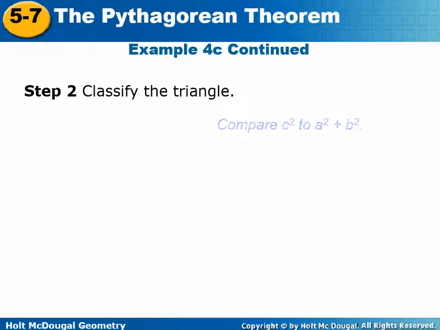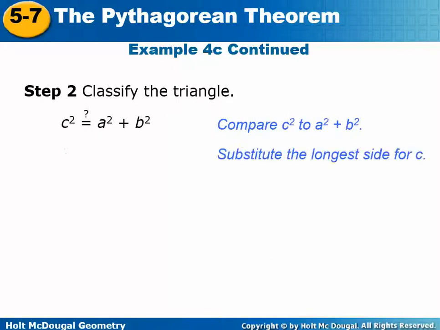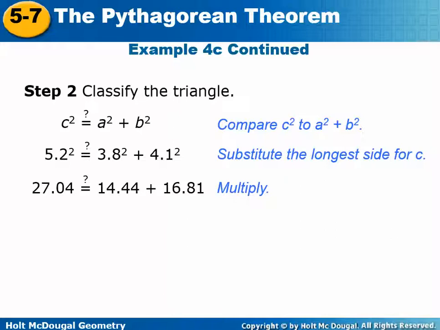The sides were 3.8, 4.1, and 5.2. You put the biggest one on the left side and square it. And then you take the square of the two smaller ones and add them together. Now you'll probably have to get a calculator out to find the squares.